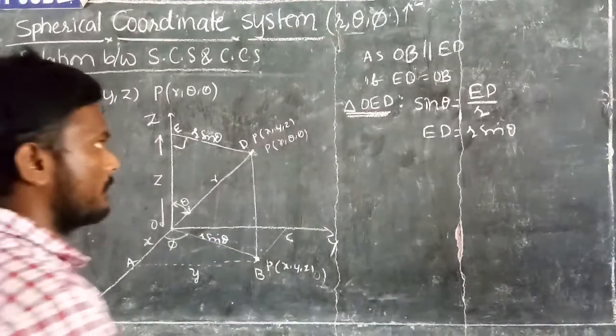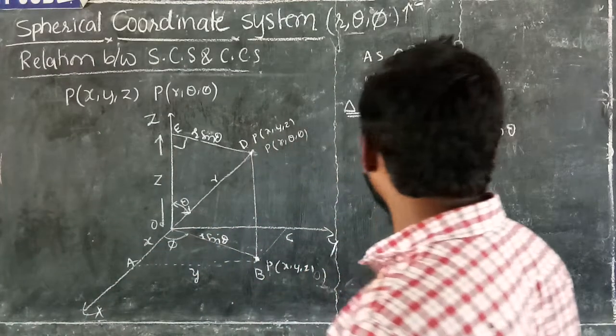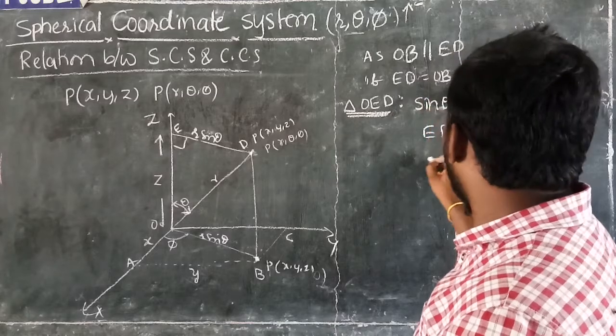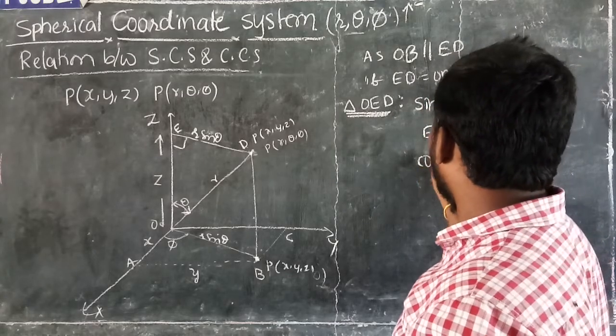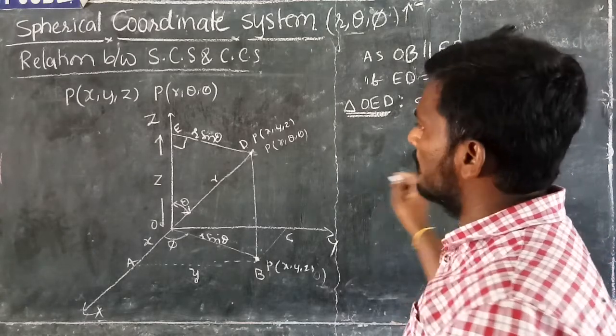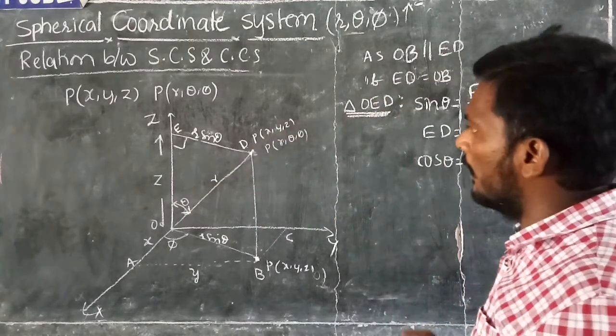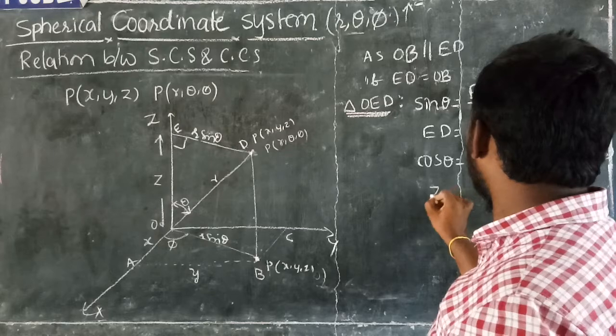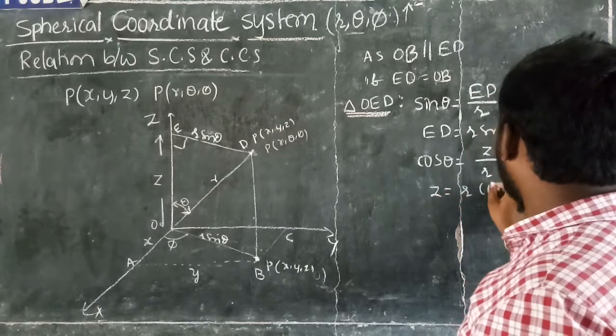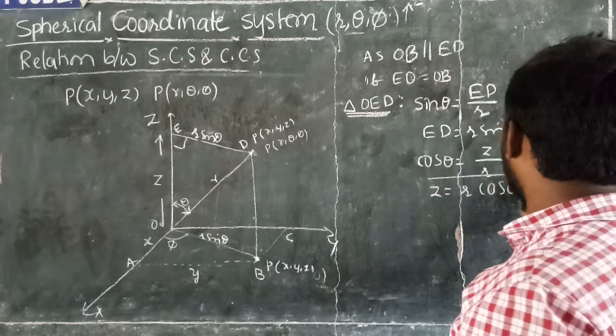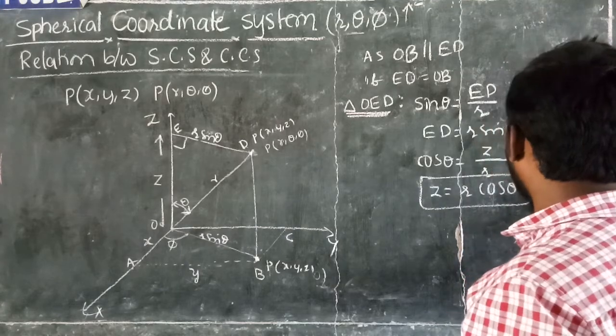Next, apply cos in the same triangle, cos theta. It is the adjacent side z by the hypotenuse r. That means z is equal to r cos theta. Consider it as equation number 1.